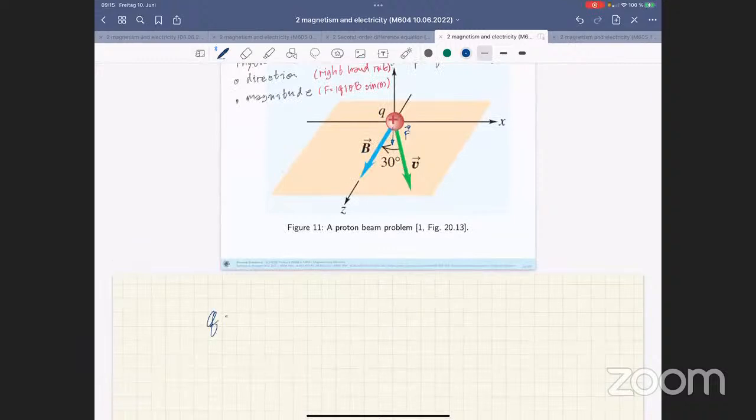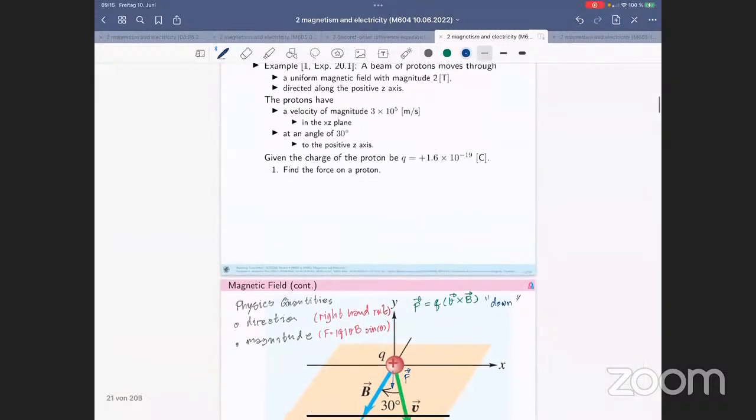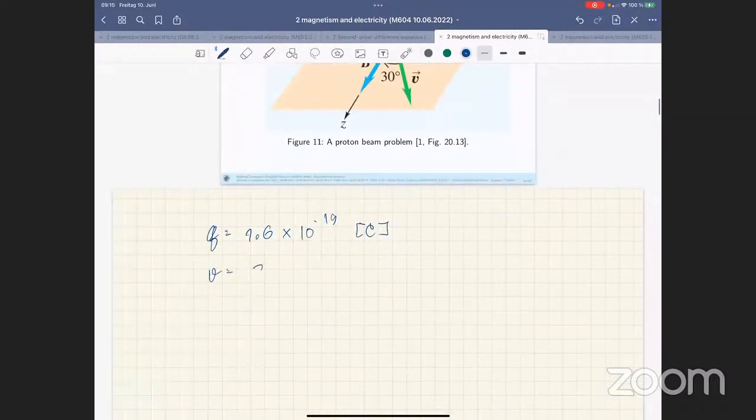It is 1.6 times 10 raised to negative 19 coulomb. V is 3 times 10 to 5 meters per second.